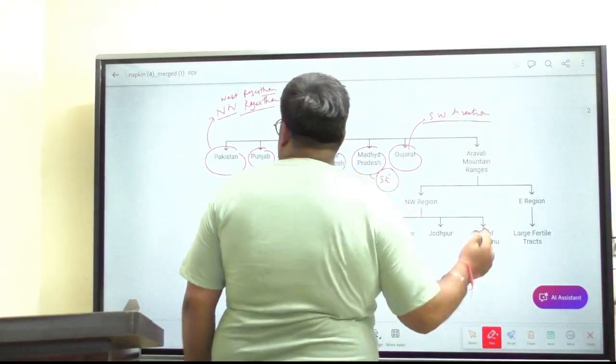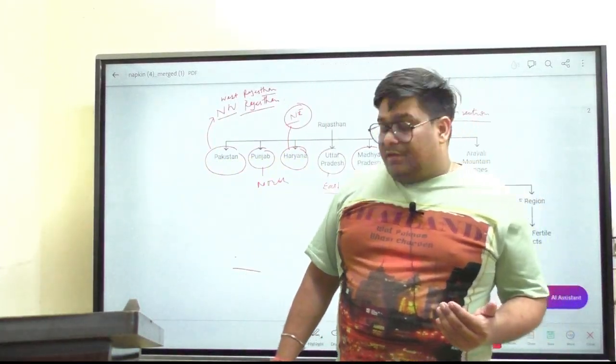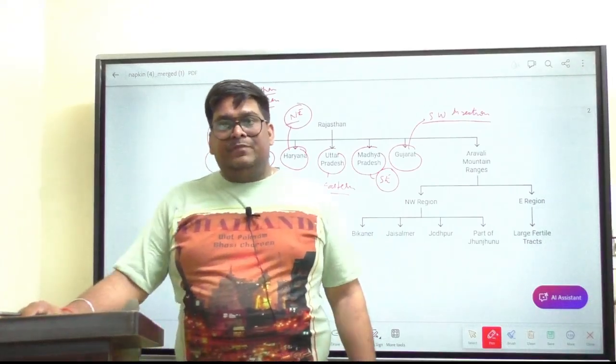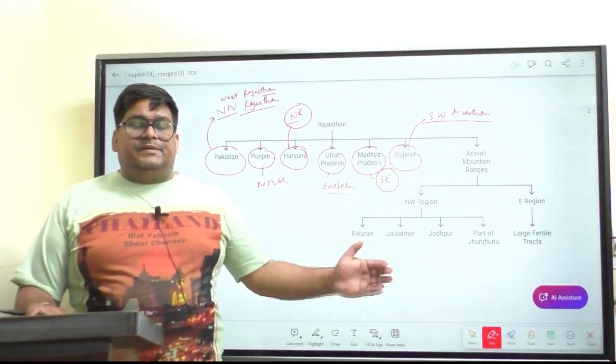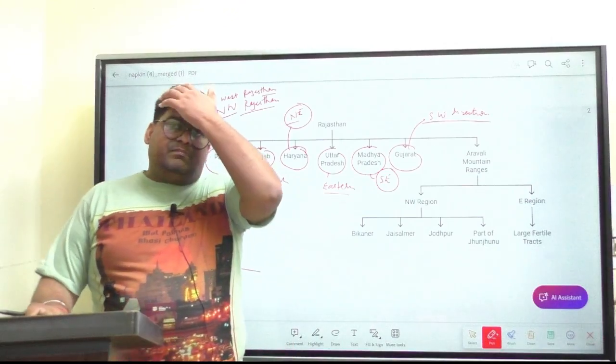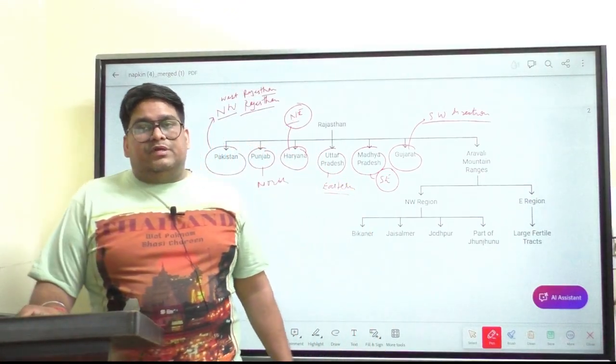So these are the approximate geographical characteristics of the land of Rajasthan. It shares state boundaries as well as international boundaries. You are very well aware of the Aravalli mountain ranges.